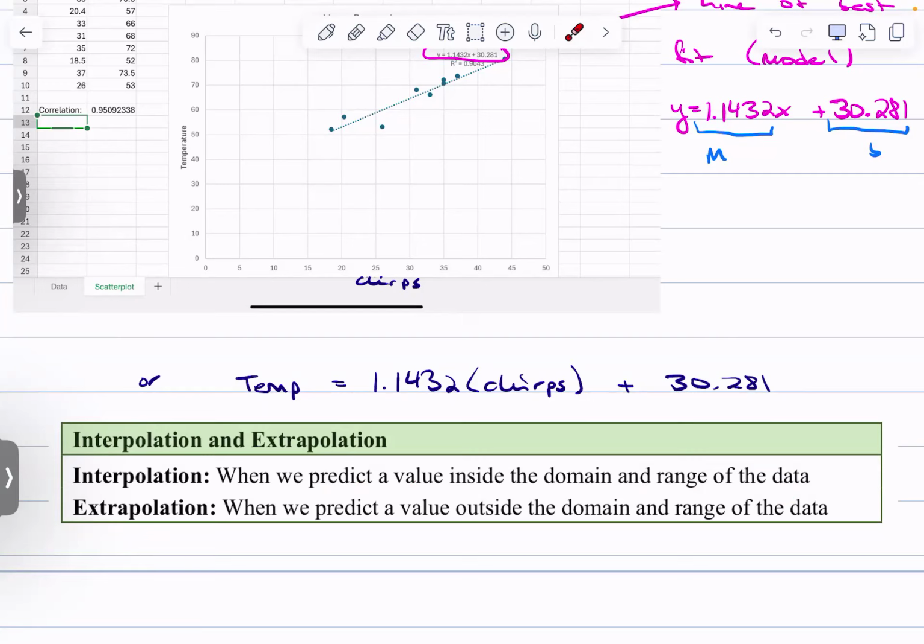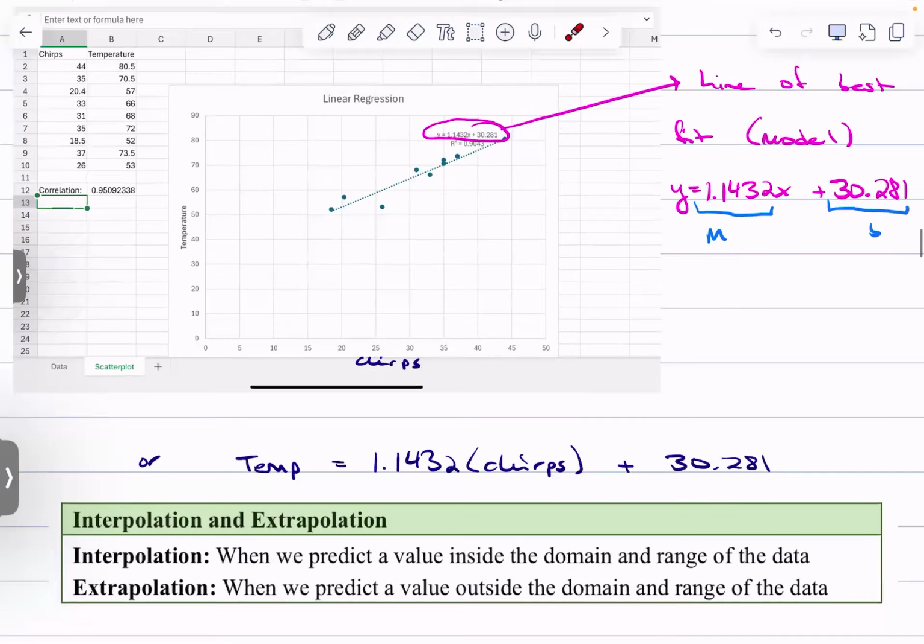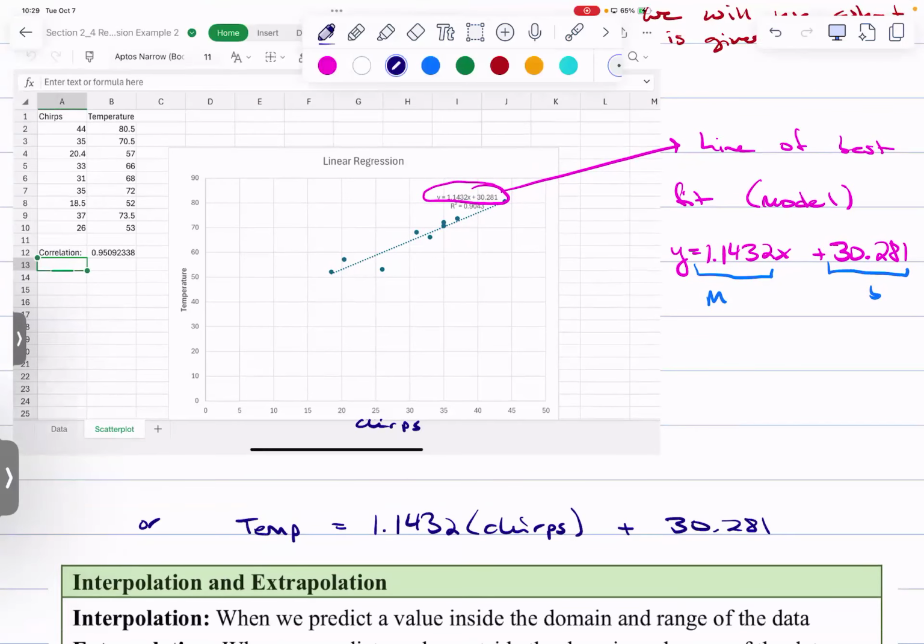Which happens a lot. Sometimes we have to, like predicting into the future, where I don't have data points. Or sometimes things like the intercept. The thing about lines is that they keep going forever and ever. Let's see if I can extend this line here.